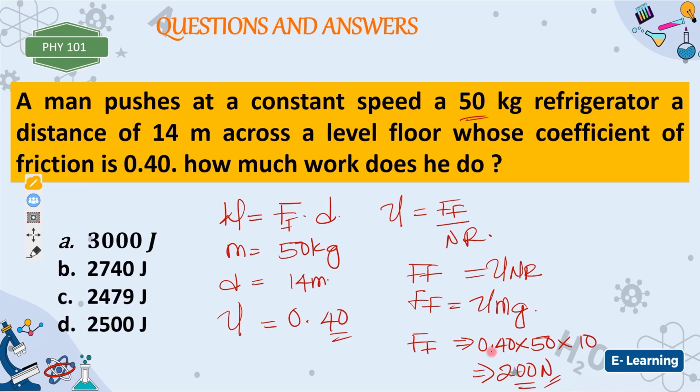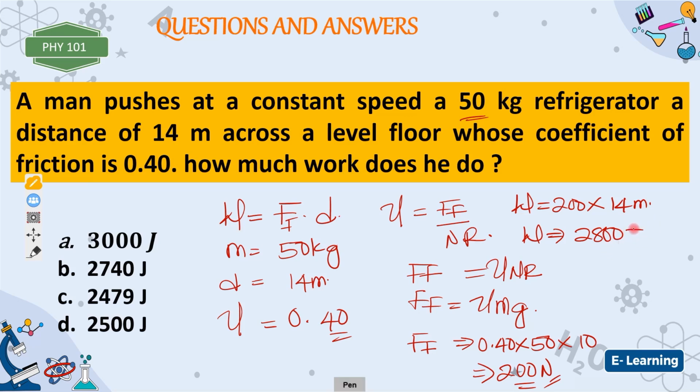So that is the frictional force. Now our work done will be equal to 200 times the distance, 14 meters. So W, 200 times 14 will give us 2,800.